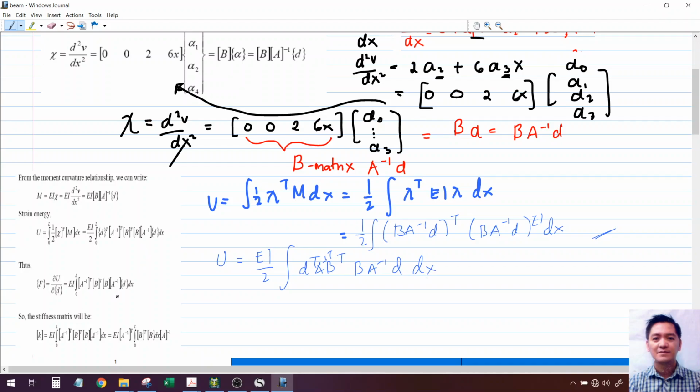Okay, ito nga. So, du dd or F equals du dd. So, mawawala lang itong D transpose. So, EI over 2 integral of A inverse transpose B transpose B A inverse D dx. Okay.